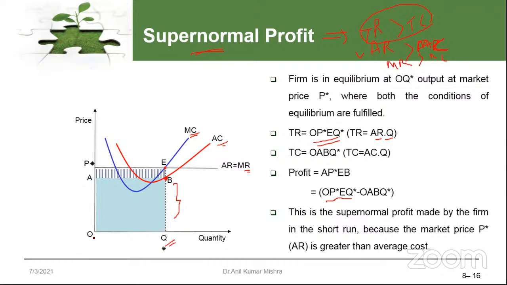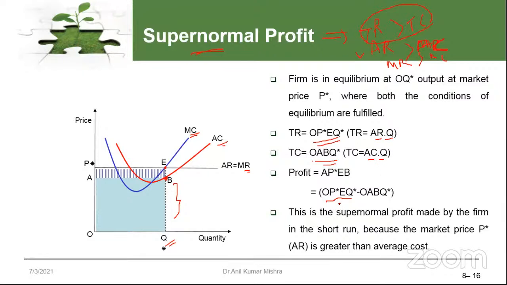What is the total cost? OA into OQ. While multiplying, this is the OA and this is the OQ, we find the area OABQ. So OABQ is called the total cost, average cost into the quantity.